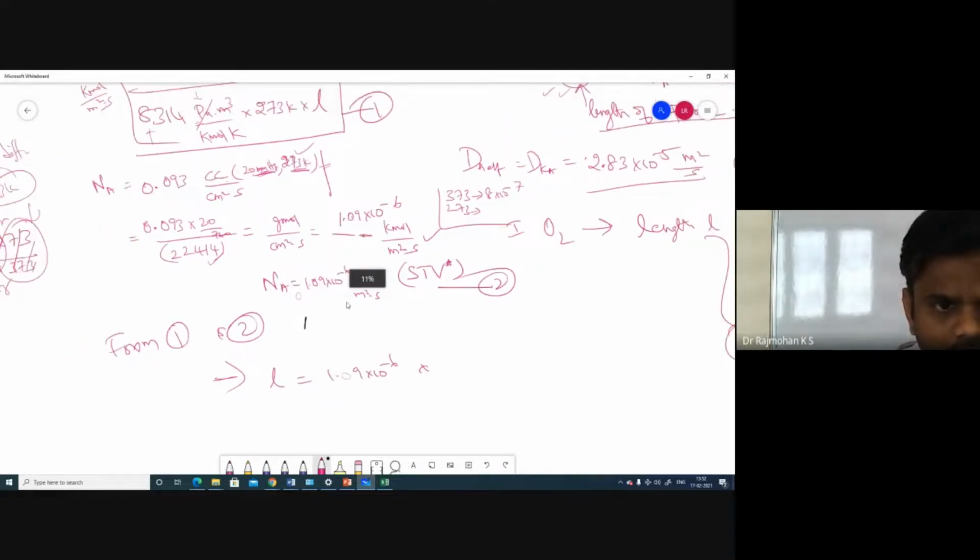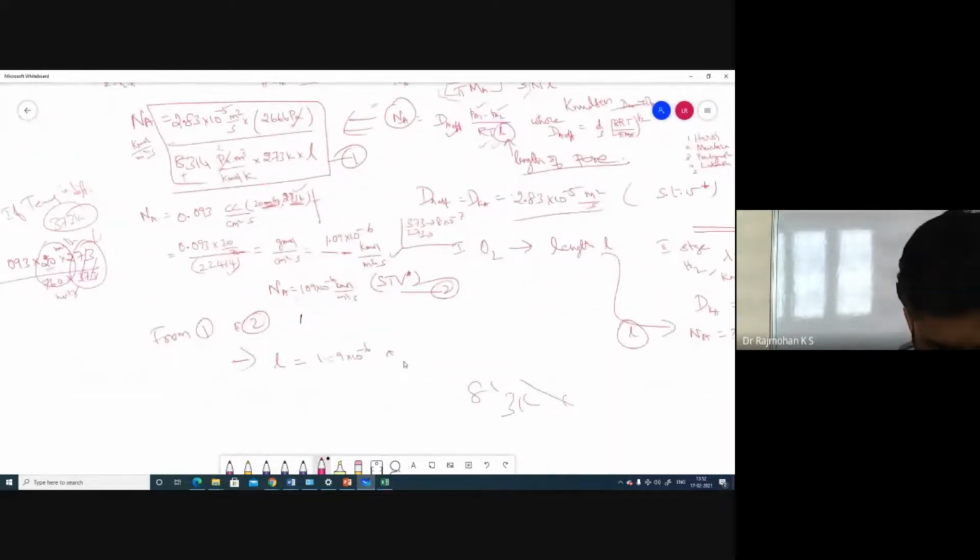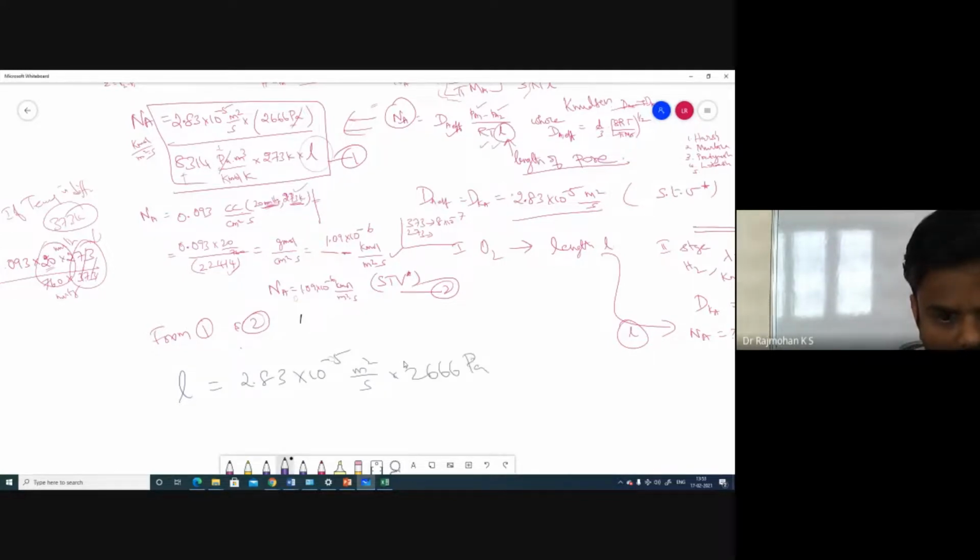This 8314 will go to the right hand side, this 273 will go to the other side, and Na will be in the denominator. So L is equal to 2.83 into 10 power minus 5 meter square per second into 2666 Pascal divided by 8314.